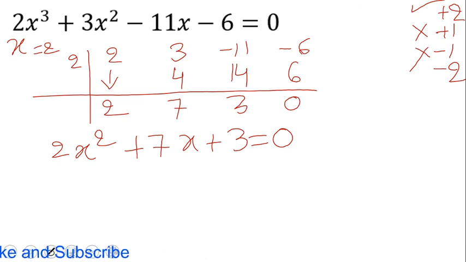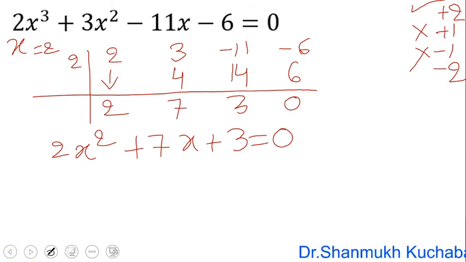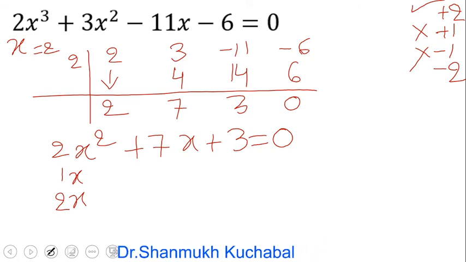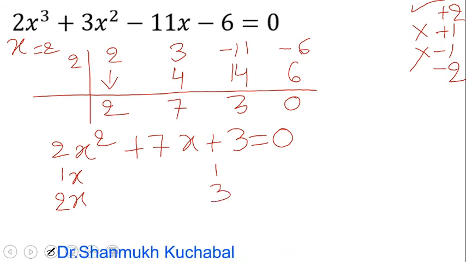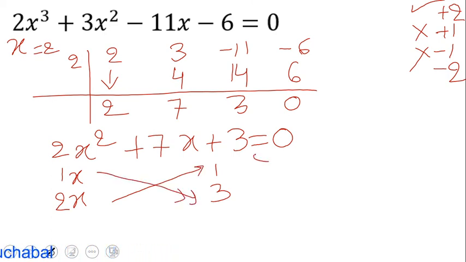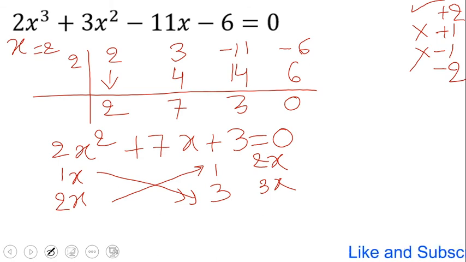Then I told you, using the shortcut trick for a quadratic equation we have to simplify it. Here the x square coefficient is 2, the factors of 2 are 1 and 2, I write x, then the factors of 3 are 1 and 3 here. Cross multiply it. It is 2x plus 3x, so the addition gives 5x, the subtraction 1x fails.